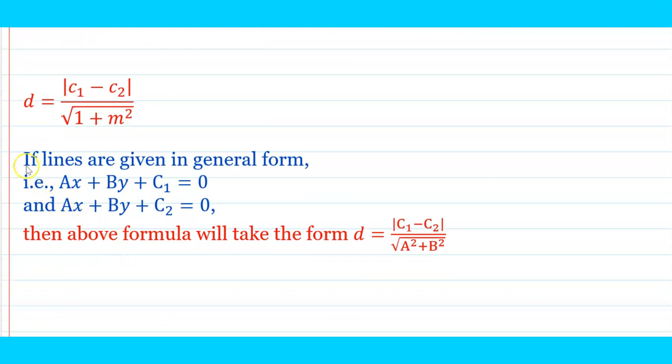And in general, if the lines are in the general form ax + by + c1 = 0 and ax + by + c2 = 0, then the distance is |c1 - c2| over the square root of a squared + b squared. This is the formula that you have to remember in the different forms. Here the equation of the line is in the form y = mx + c, and this is the general form, ax + by + c1.